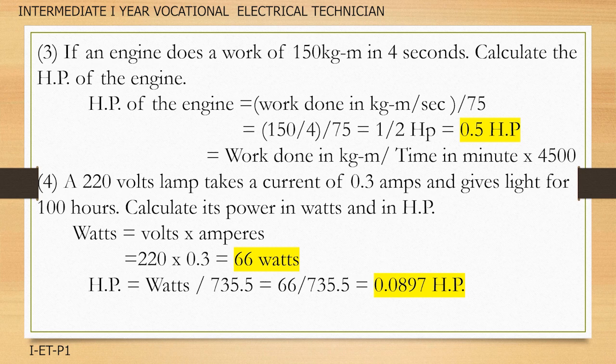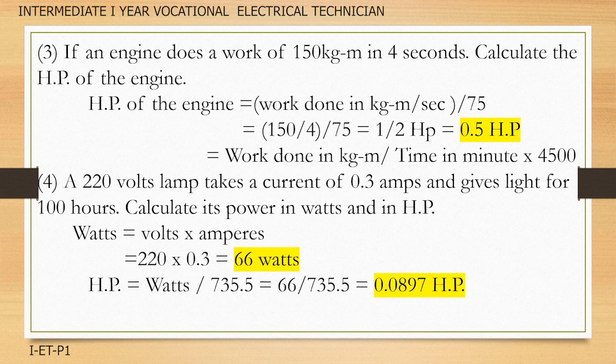As we know, watts equals volts into amperes. In this problem, the voltage of the lamp is 220 and current is 0.3 amperes. So 220 into 0.3 equals 66 watts.